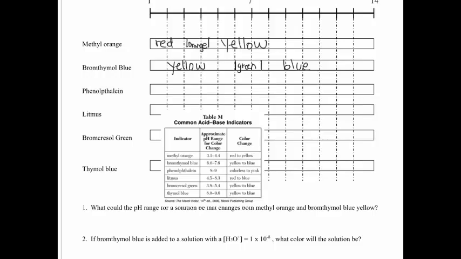Phenolphthalein at a pH of about 8 to 9 goes from colorless to pink. So in here it would be light pink, I'm going to say, if I can fit it in there.